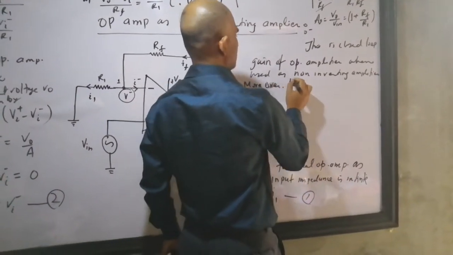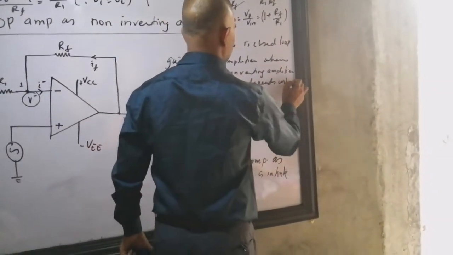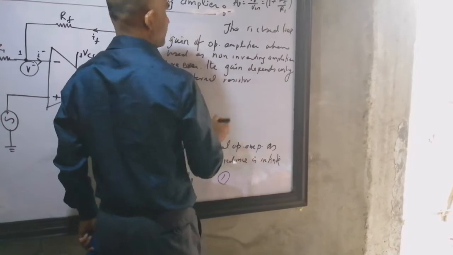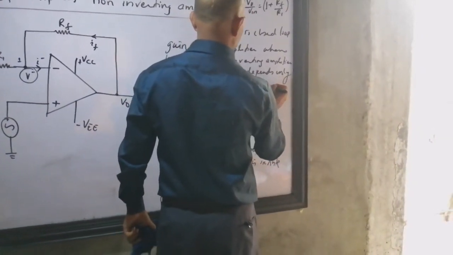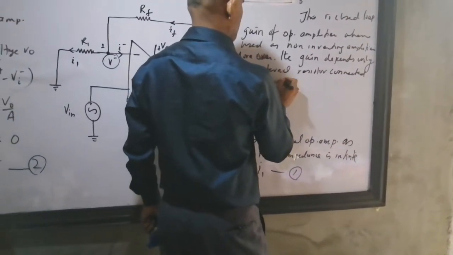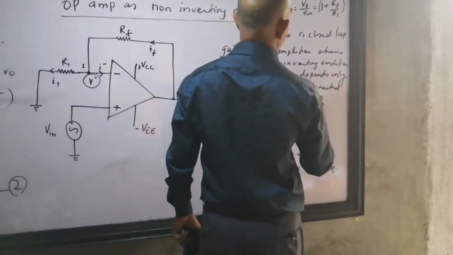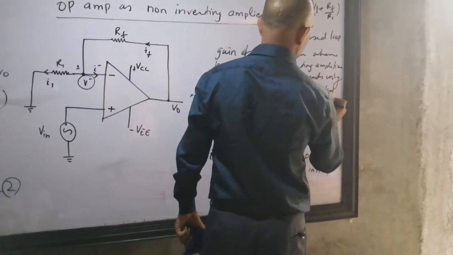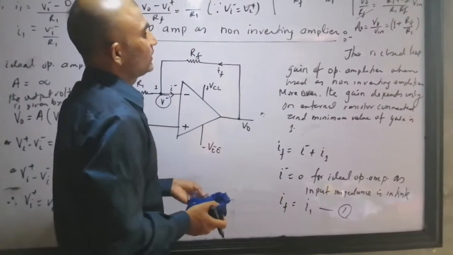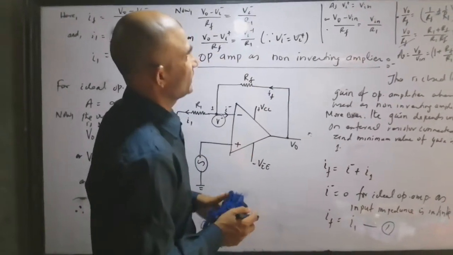Moreover, the gain depends only on the external resistors connected, and the minimum value of gain is 1 here. Okay, and so these are the things which we have to write for the operational amplifier as a non-inverting amplifier.